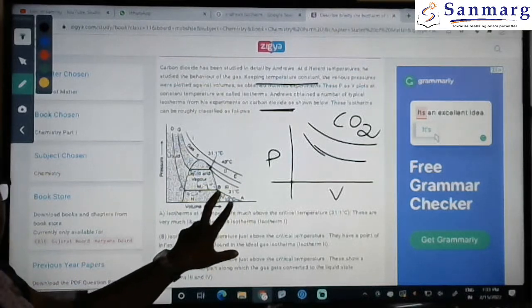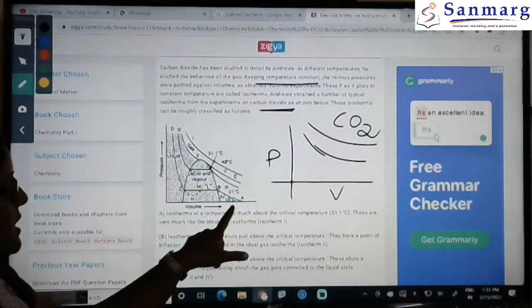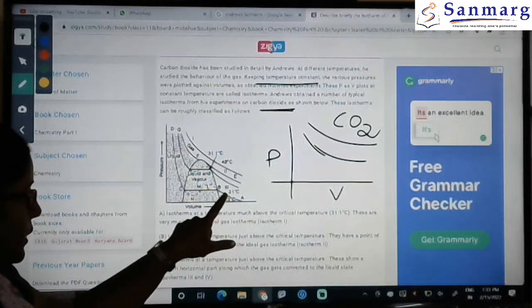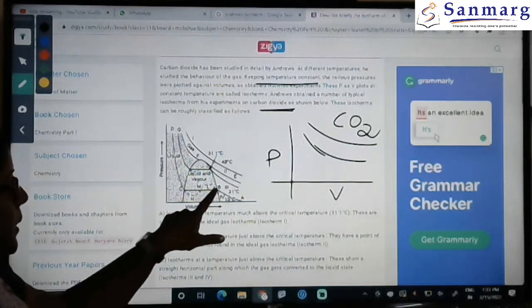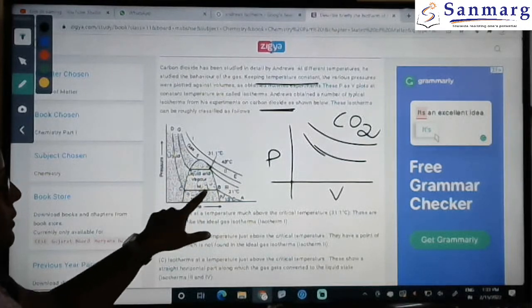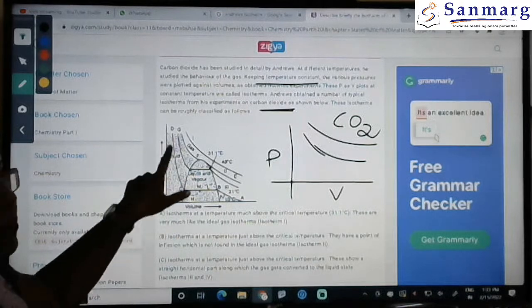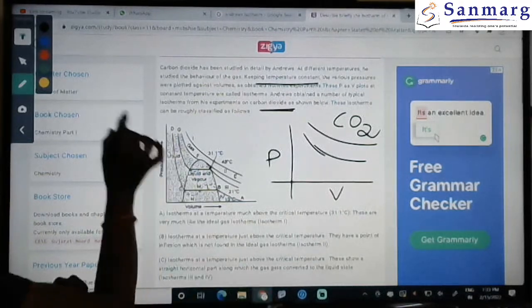AB is a state where this gas exists in gaseous state only. Then you get BC. In BC you have a mixture, liquid and vapor. Then CD, where it is converted into liquid. So I'll show that first.